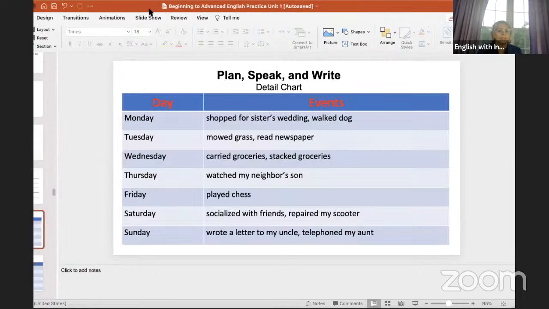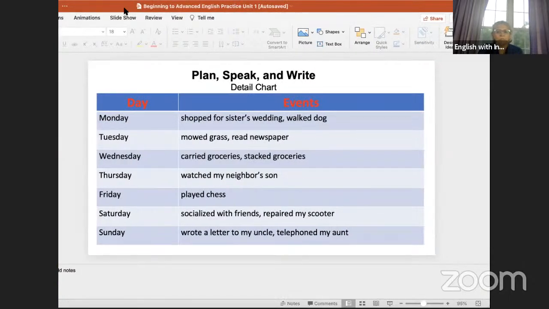So here we are going to do more practice with sentences where we will be creating our own sentences, and then we can use those, right? So just come up with your own sentences. And here I have a plan, speak, and write detailed chart. So for example, when, Monday, and then event: shopped for sister's wedding or walked dog.